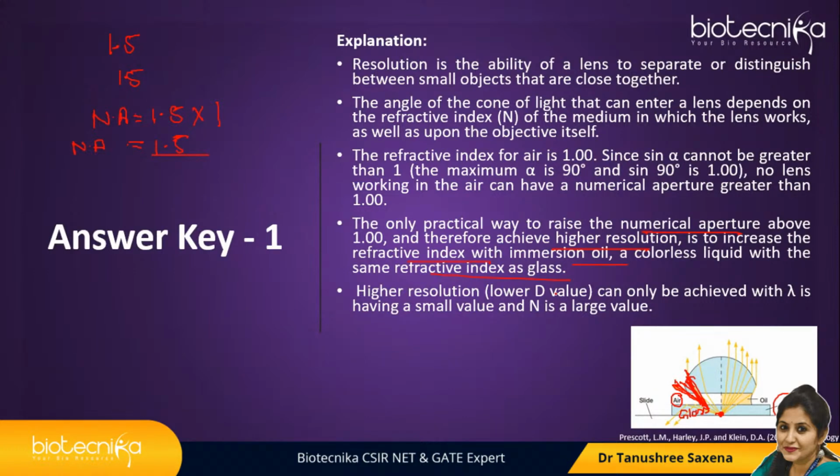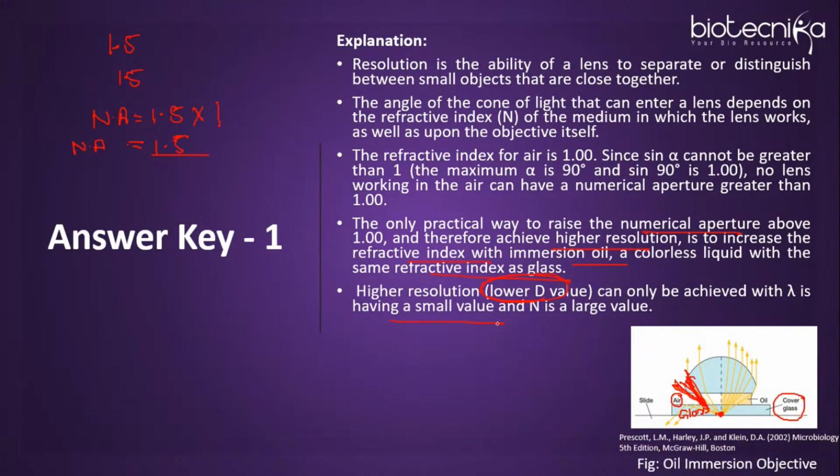So remember, higher resolution, that is lower d value, can only be achieved with n having a larger value, refractive index having a larger value, and lambda having a smaller value. Lambda is the wavelength of the light, and we always prefer the blue end of the visible spectrum, that is around 450 to 500 nm.